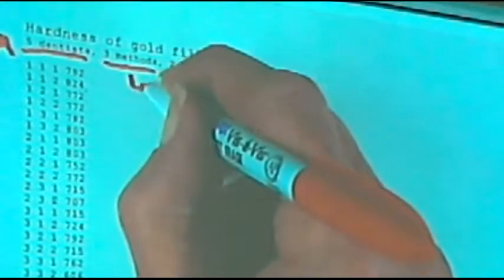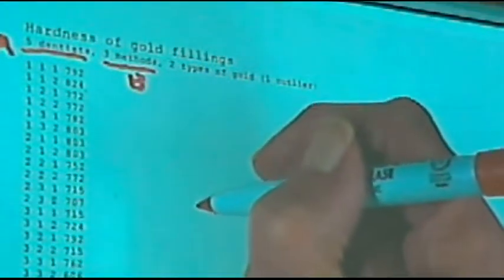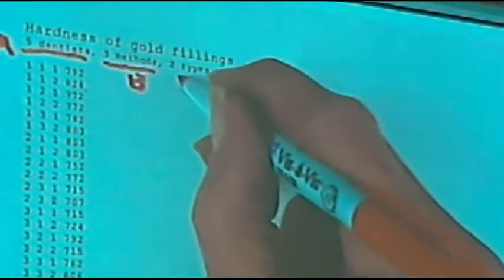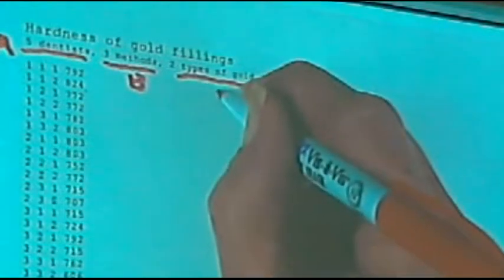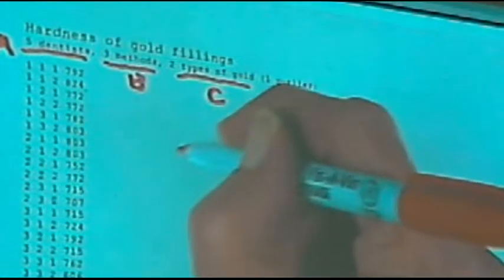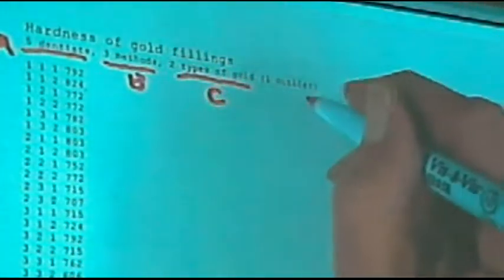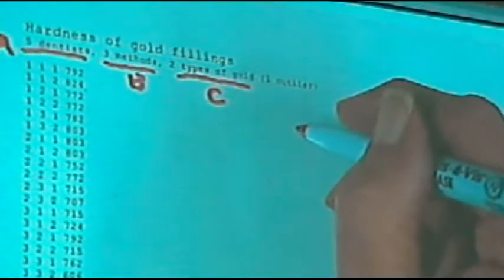Let's call that factor B. And that's in the second column here. Then there's 2 types of gold. Let's call that factor C. And that's in the third column here. And then finally the response is the 4th column, the hardness of gold fillings.